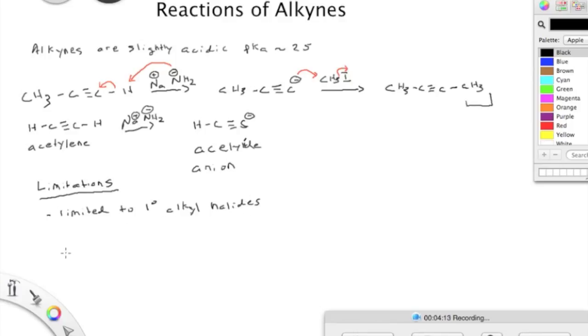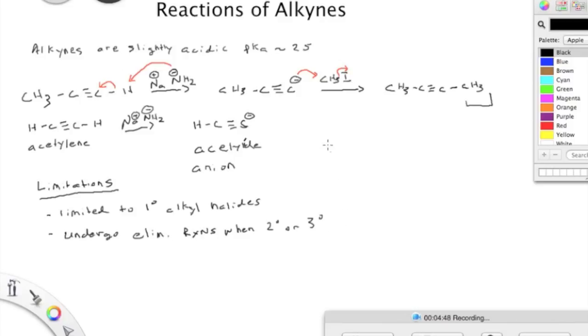In this case, so the fact that these acetylide anions are strong bases, you also can undergo elimination reactions if you have secondary or tertiary alkyl halides. So undergo elimination reactions when secondary or tertiary alkyl halides are there.